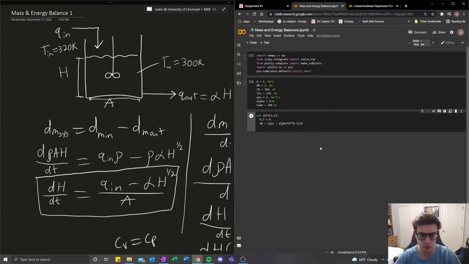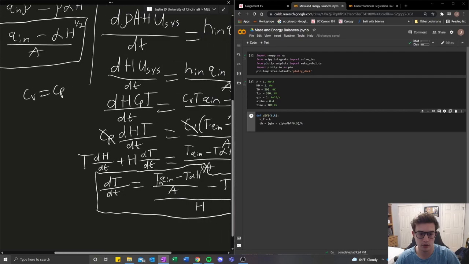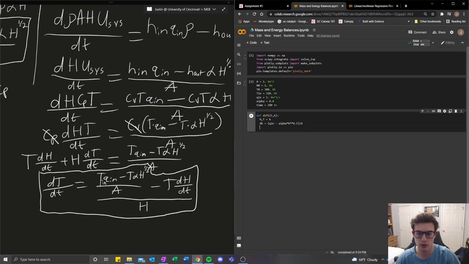All right, now we want to type in our equation for the change in temperature. So dt, change in temperature, this one's a little bit more tricky, so it's going to need way more parentheses. We've got the temperature going in times the Q going in, the mass flow rate in.